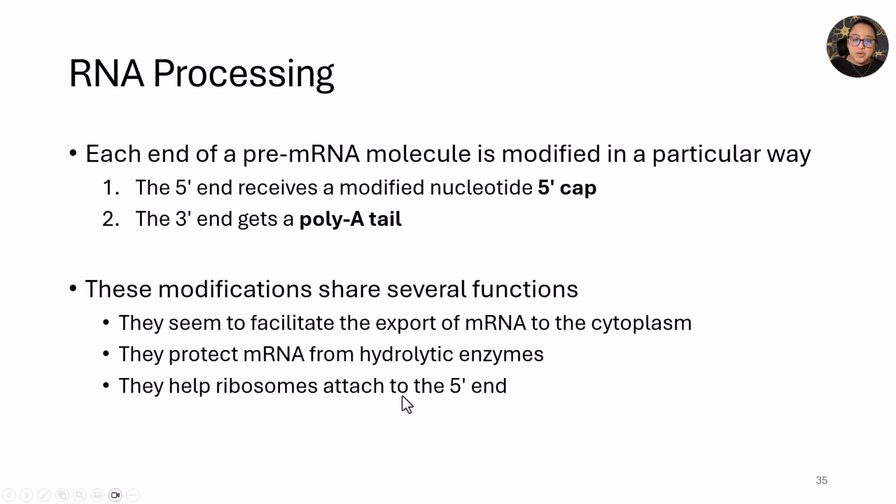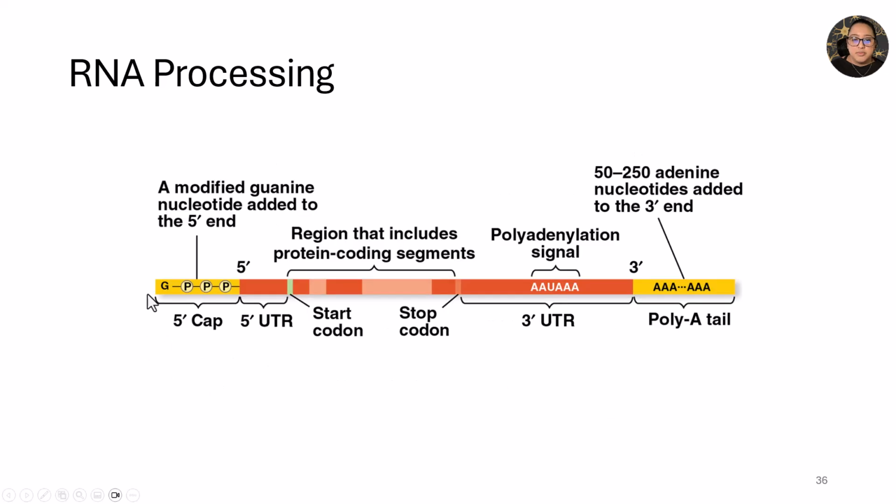And then they also help ribosomes attach to the 5' end for translation. You can see this figure shows that polyadenylation signal. There's a lot of adenines again, and so that is important.